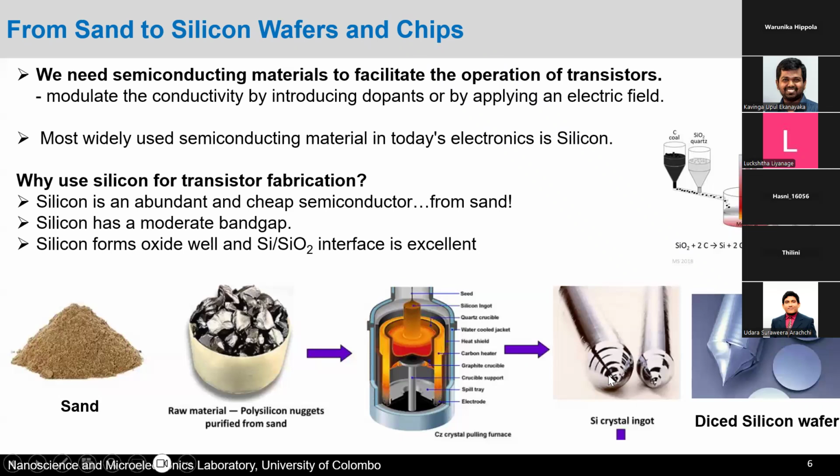That's what you have over here. That's cylindrical in shape. So what we do is we polish the surfaces, and then we dice it to obtain silicon wafers, right? So silicon wafers, actually, I do have one right over here.